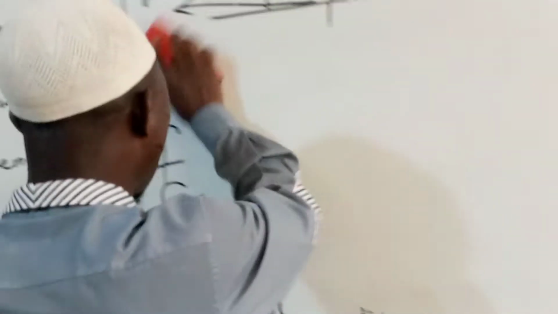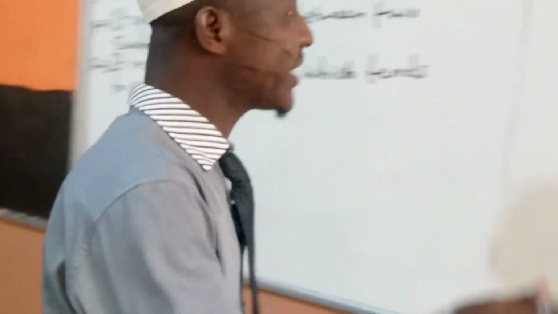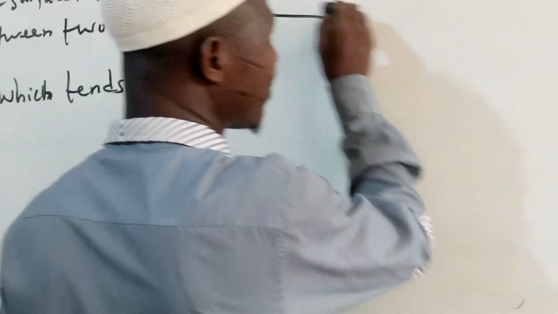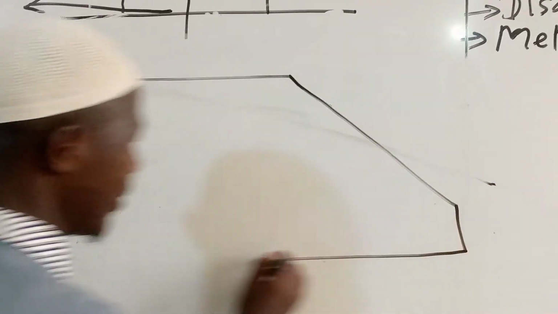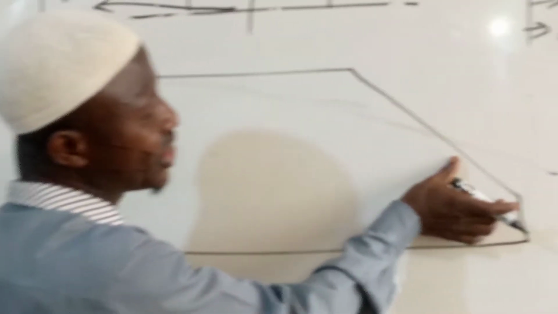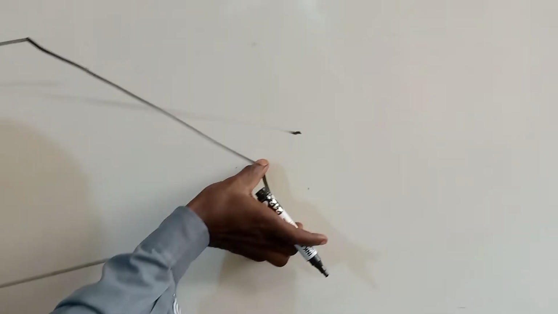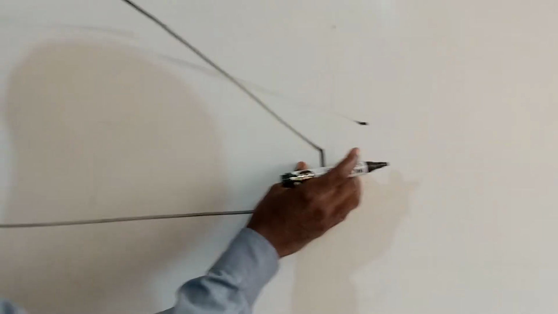Most of our cars or ships or planes, if you look at their shape, their shape looks what? Pointed in the front part. If we have a car like this, you see the front part like this. So they have already reduced the surface contact with air friction by making the front part pointed.